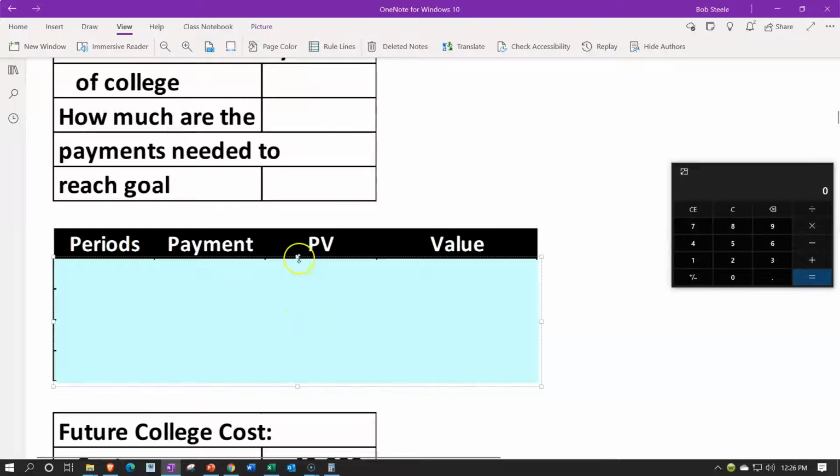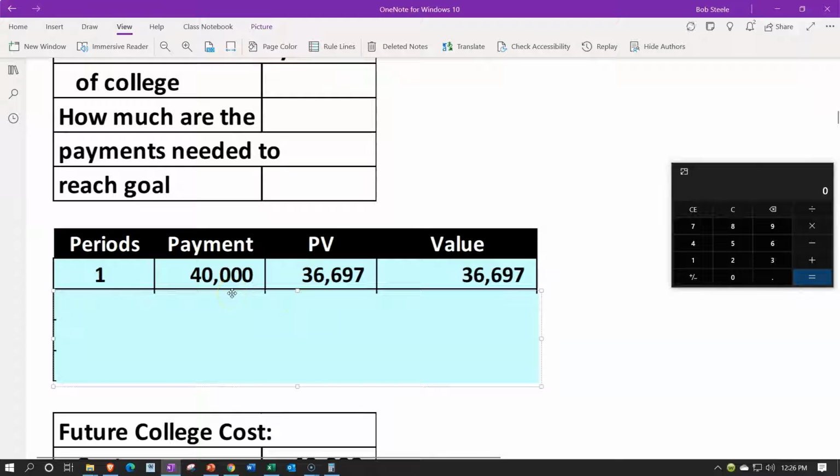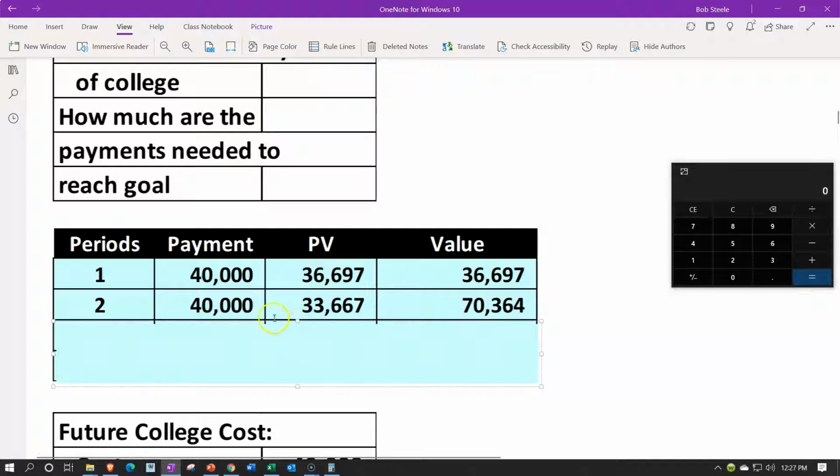So we could then take this and say, okay, that first $40,000 payment, if I was to present value it as 1, I won't do the calculation right here, but you can use Excel basically to do that, and we can present value each one of the payments back. That would be the $36,697. If we did year 2, present valuing the second $40,000 payment, which would be 2 periods out, back, that would be $33,667.